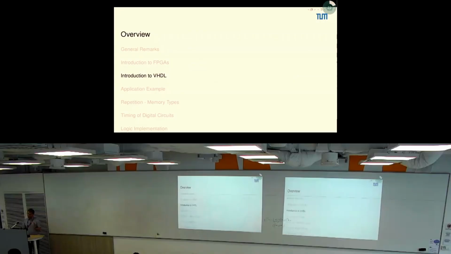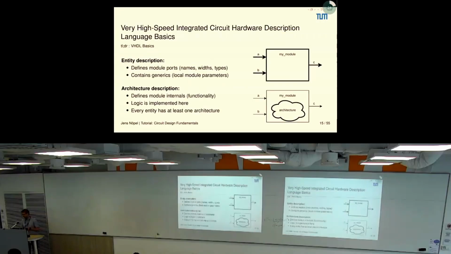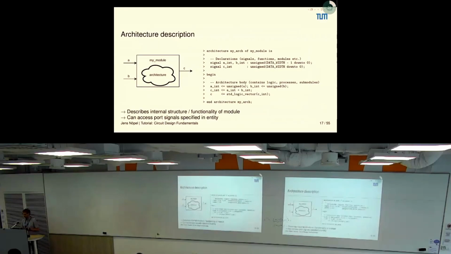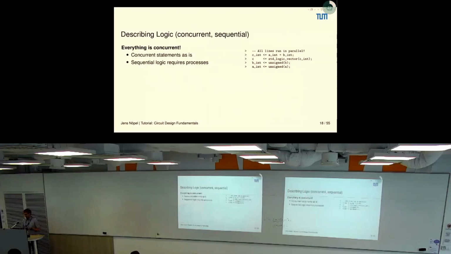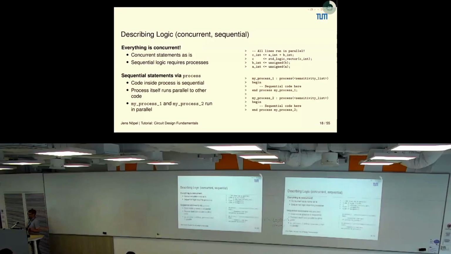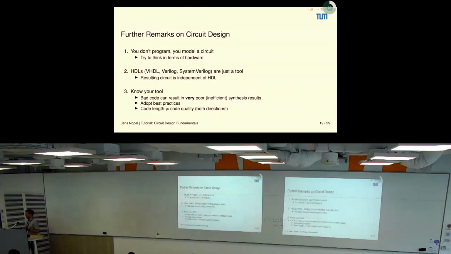So then we had a short introduction to VHDL. I would skip over that for now because this is just to see how this could work and look. Most importantly, to take away from that is that you model a circuit and not a sequential process.